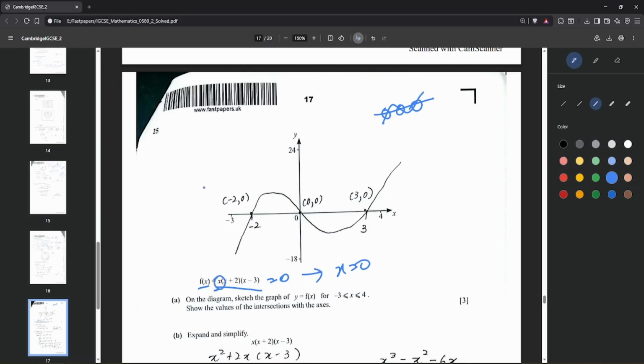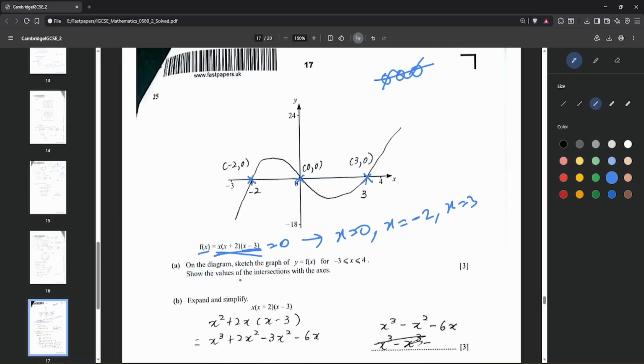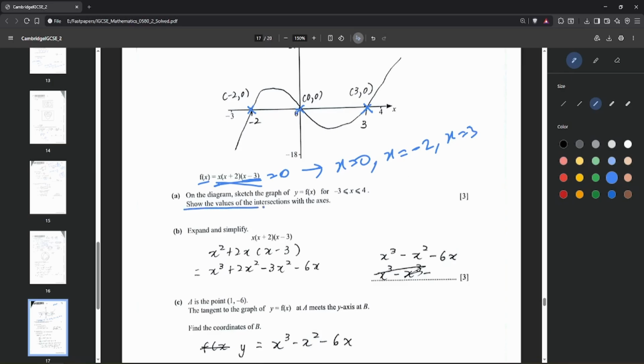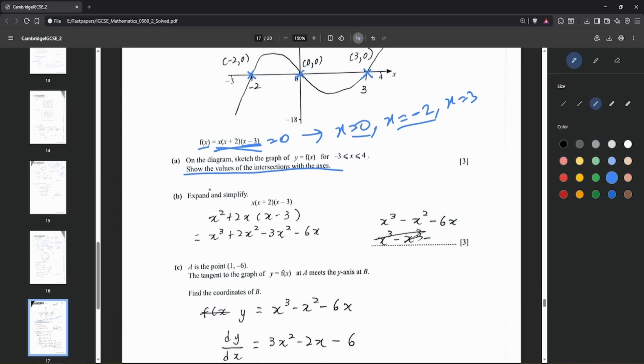This means x might be 0 for this part, or x might be minus 2 for this part, or x is equal to 3 for the last part. So let's just draw crosses here, and we can just draw a graph which intersects these 3 points. Expand, show the value of the intersection with the axis. So we need to write the values here in the graph.